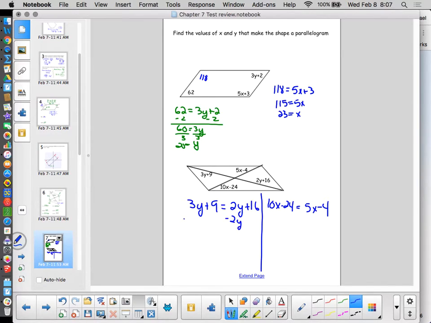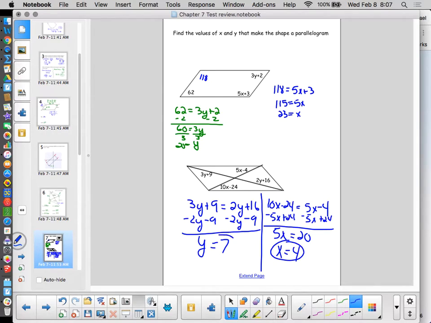Minus 2y, minus 9, y equals 7, and minus 5x, plus 24, I get 5x equals 20, so x equals 4. Again, as you're doing this on the test, show the setup of the equation every time.